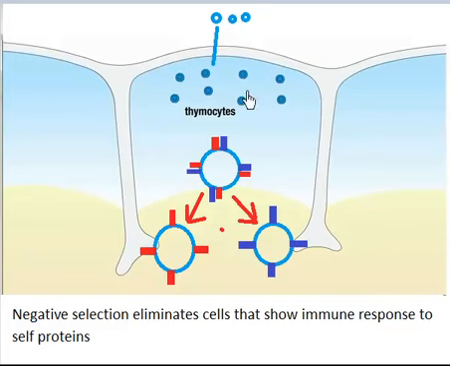So you have double negative, double positive stage, and single positive stage, where they express either CD8 or CD4. In the next video, I'm going to explain how they differentiate into T cytotoxic cells. The CD4 cells differentiate into different types of T cells, like T helper cells and T cytotoxic cells.